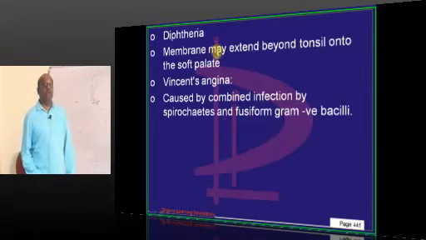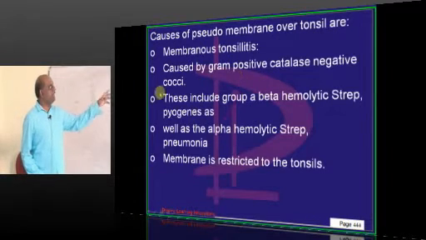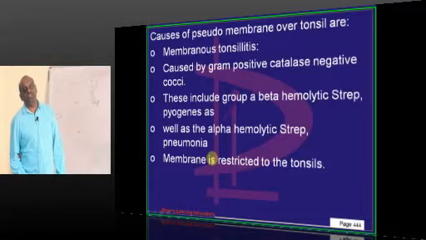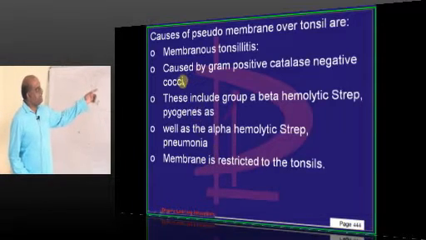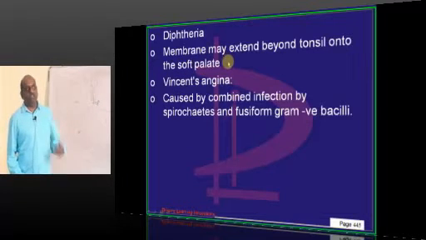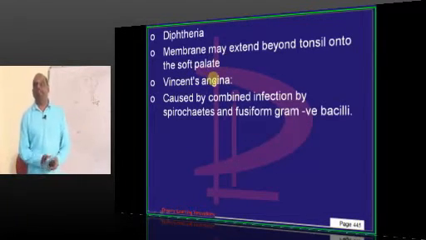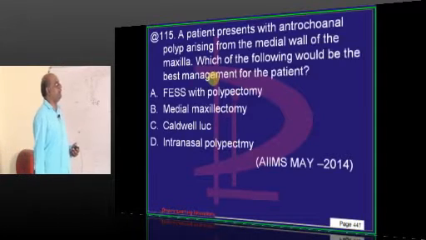Even diphtheria. But what is the difference? When the membrane is caused by gram-positive organisms, it does not cross. It is only restricted to the tonsils. Whereas if it is caused by diphtheria, it will extend beyond the tonsil, all the way involving the soft palate. That is the fundamental difference between the two.